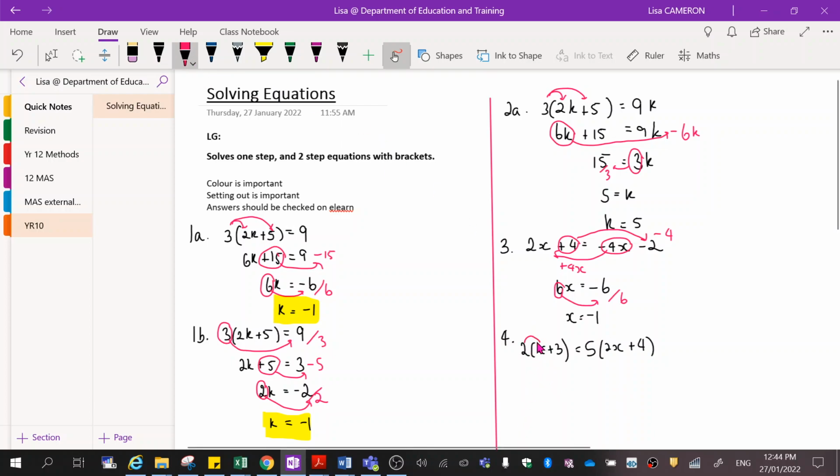So the 2 times the x, the 2 times the 3, 5 times the 2x, 5 times the 4. So 2 times x is going to be 2x, 2 times 3 is going to be plus 6.